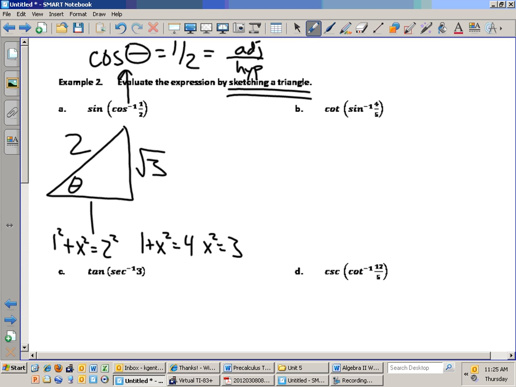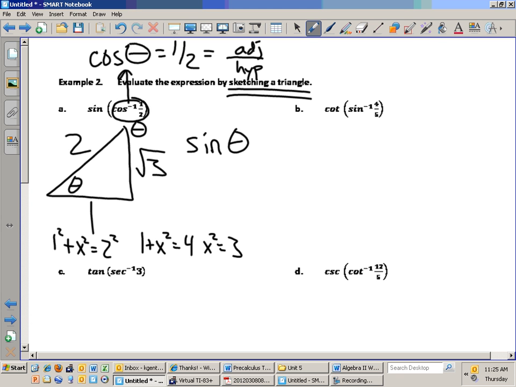Now, this is the million-dollar question. If I take cosine inverse of 1/2, what do I get? I get an angle, right? I get theta. So I can replace this thing. I know that this thing right there is just theta, right? So really what I'm trying to find is sine of theta.